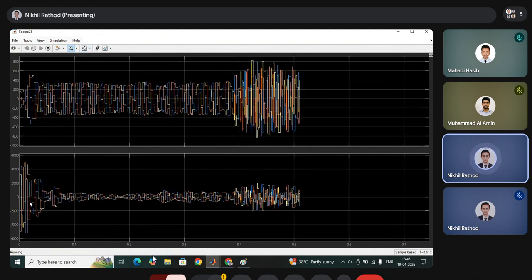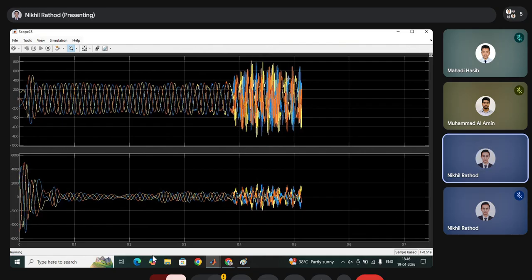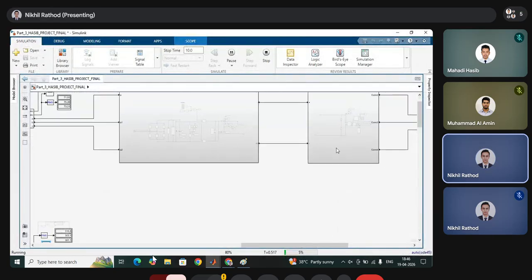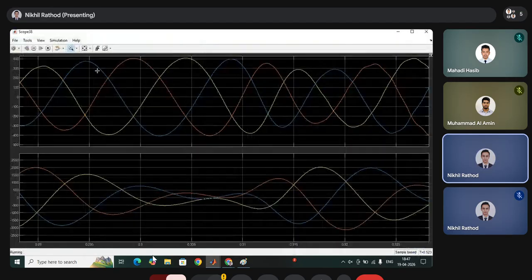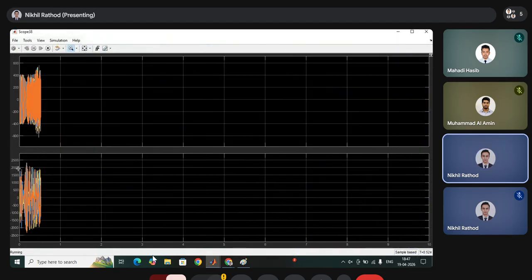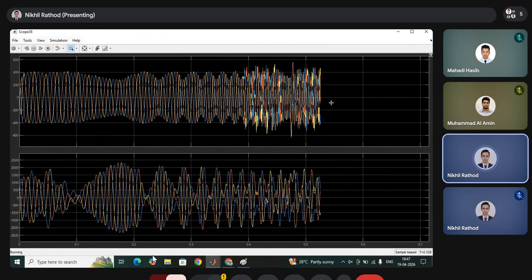You can see the influence as the fault occurs. It influences the battery and maybe the wind also. So this is how you can create the fault and analyze.